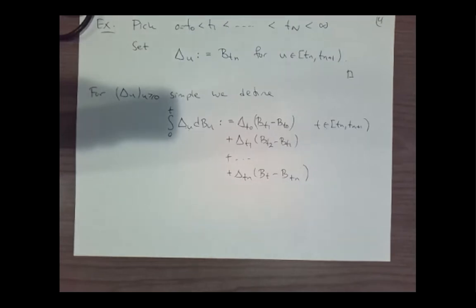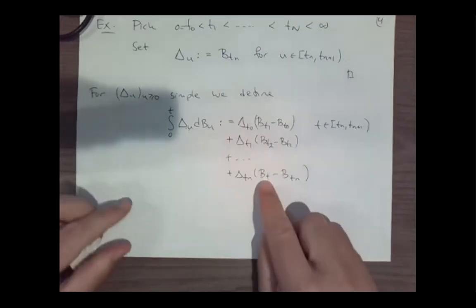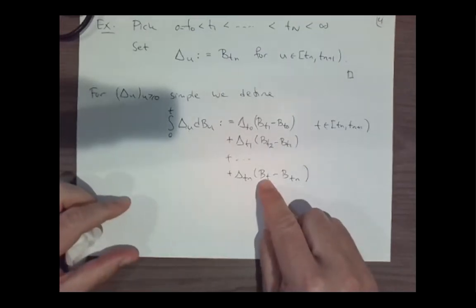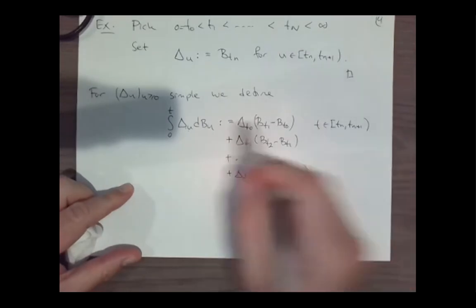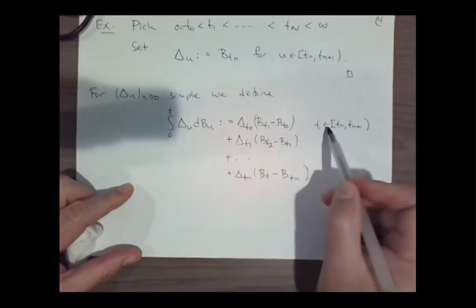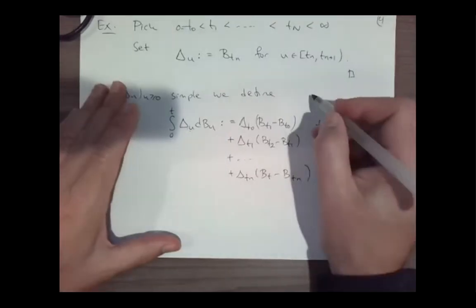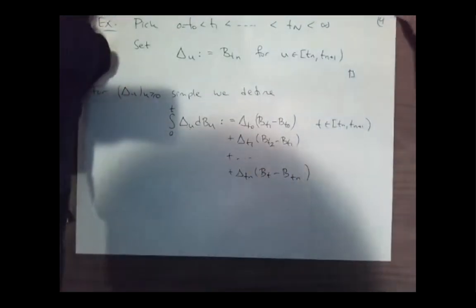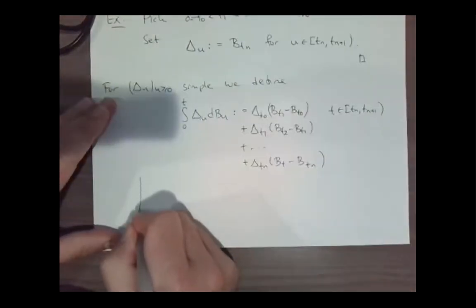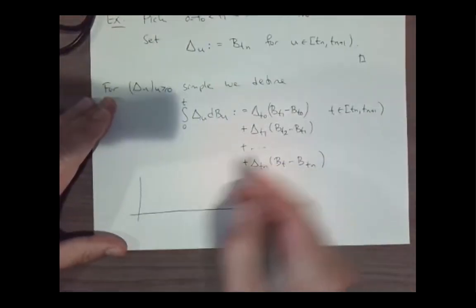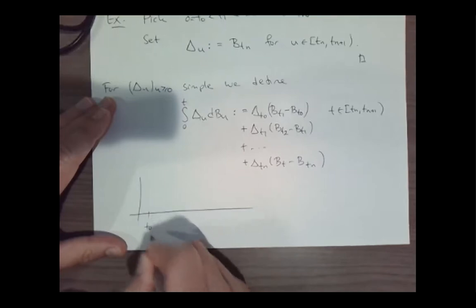Why is it not B(tn+1)? Yeah, because that t I'm looking at could sit somewhere in this interval. So if you have the picture, I'm starting out here at t0.